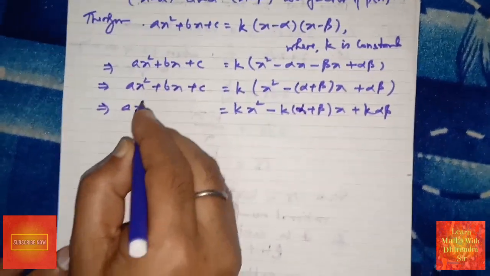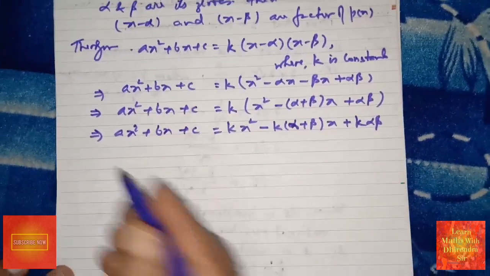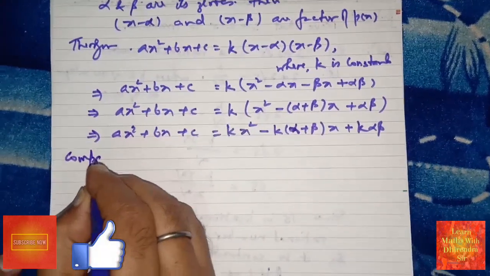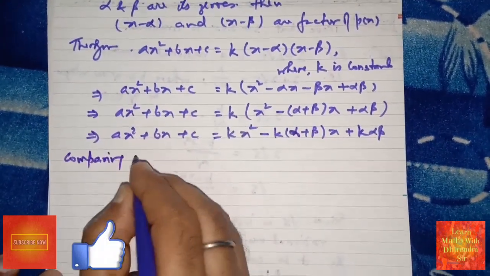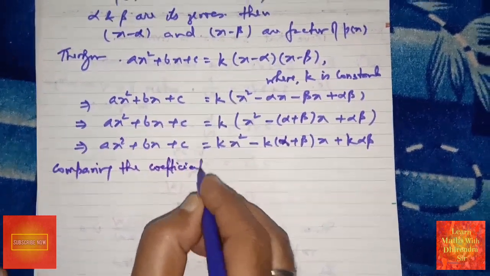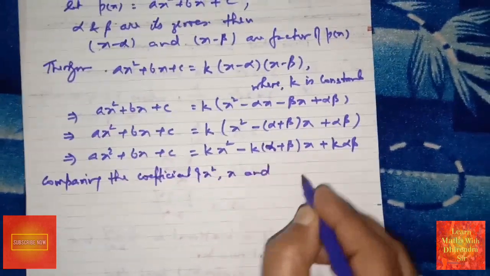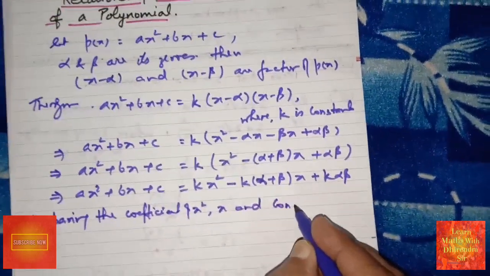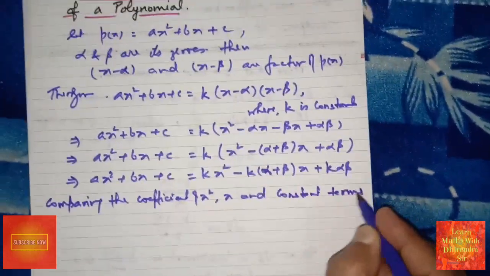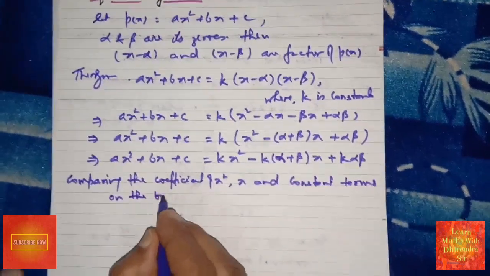Similarly here ax square plus bx plus c. Comparing the coefficients of x square, x and the constant terms on both sides.